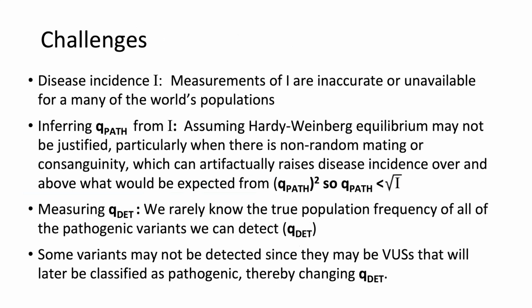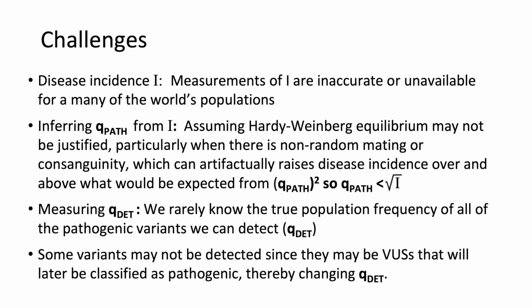Second, you're inferring QPath from the disease incidence I by assuming Hardy-Weinberg equilibrium. That could very well not be justified in many populations where there's non-random mating. Remember, Hardy-Weinberg depends on random mating.